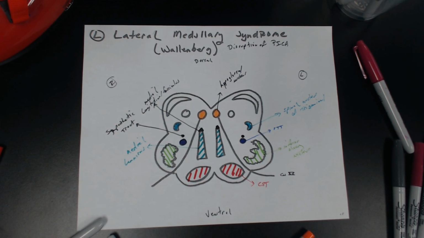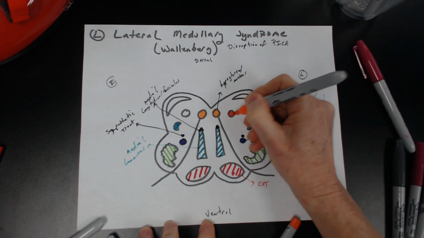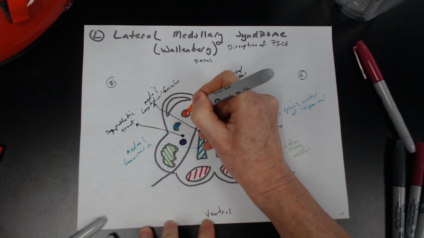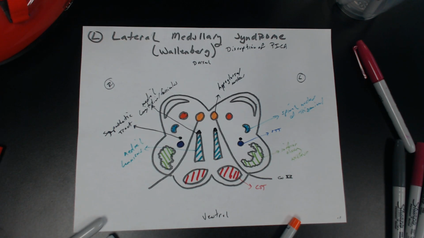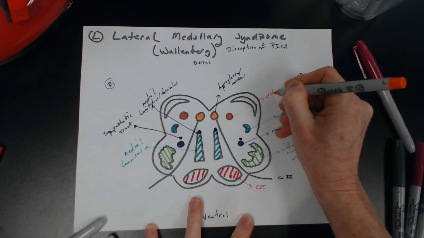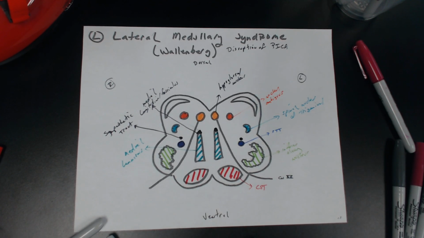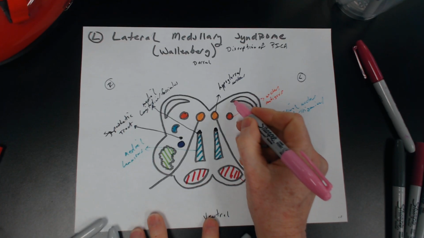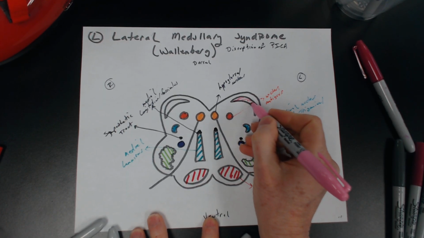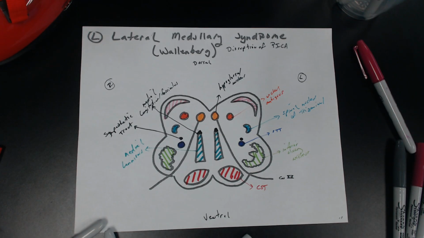Okay, nothing more than what we just labeled. Here's the nucleus. It doesn't know who it belongs to. Cranial nerve 9 and 10, motor nucleus. It's going to be nucleus ambiguus. And then last but not least, you have your inferior cerebellar peduncle.